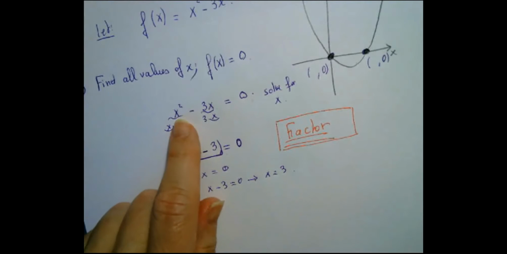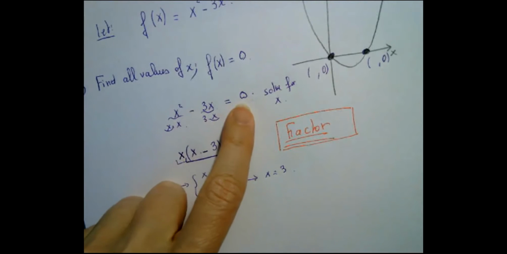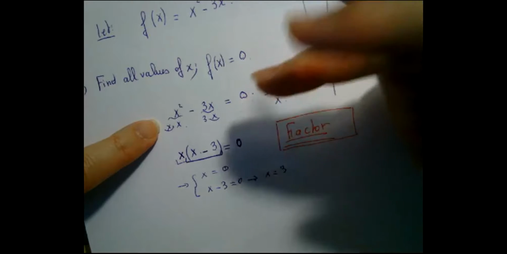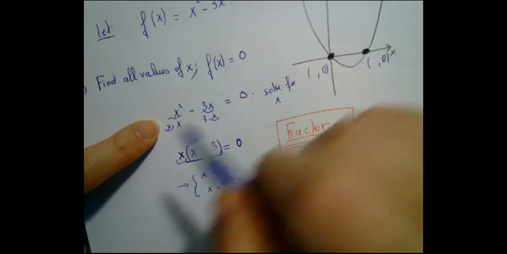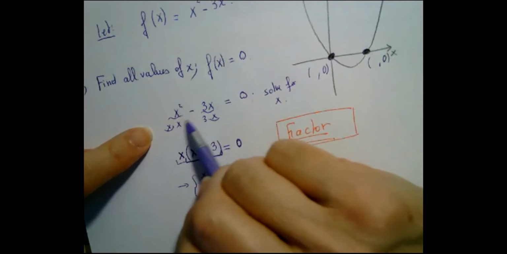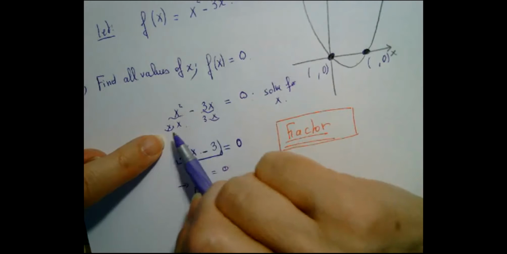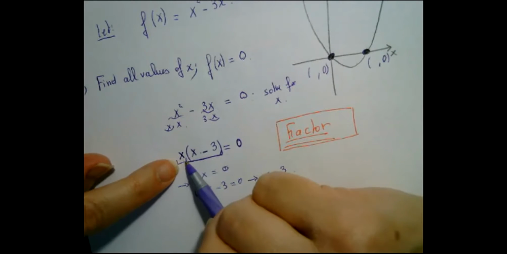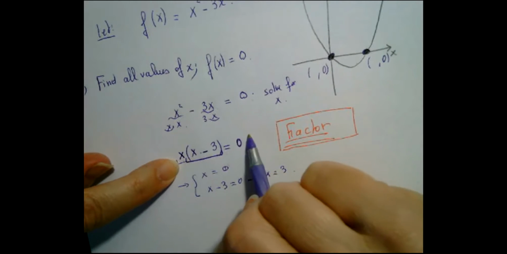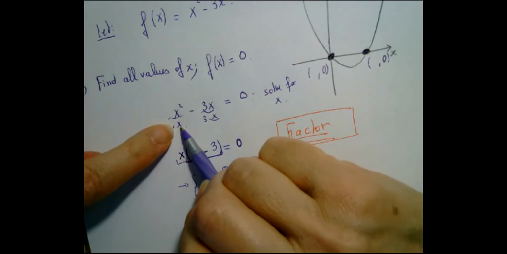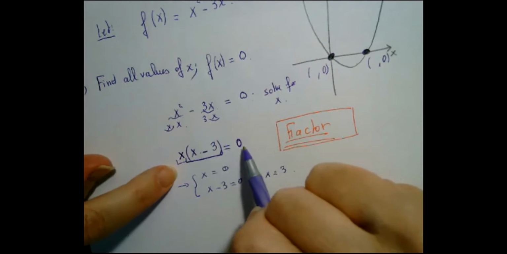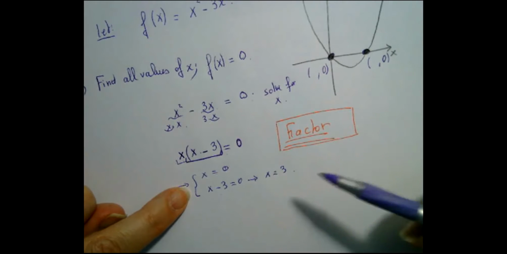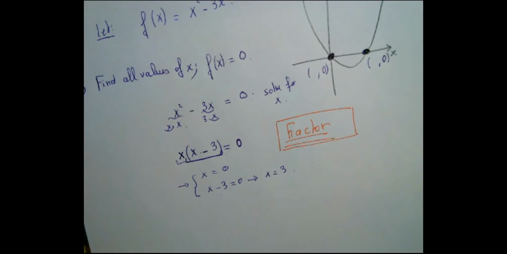How to solve x squared minus 3x equal to 0? We factor it out. Is there a common factor here? This is x times x, this is 3 times x, so I can factor out my x and I'm left with x minus 3. Then x equal to 0 or x minus 3 equal to 0, which gives me x equal to 3.